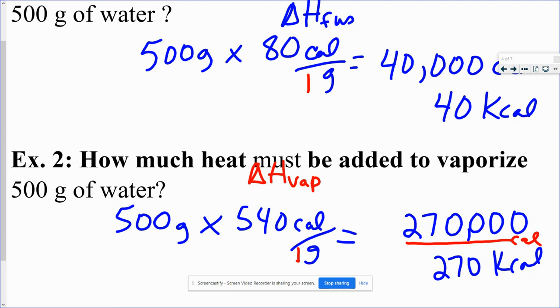So we multiply the mass times the heat of fusion to figure out how much heat it would take to melt a certain amount, and we multiply the heat of vaporization times the mass to figure out how much it takes to vaporize a certain amount of water, in this case 500 grams.